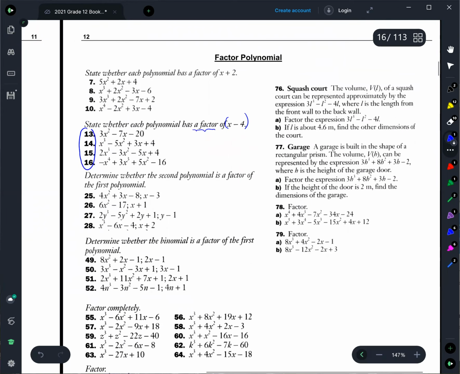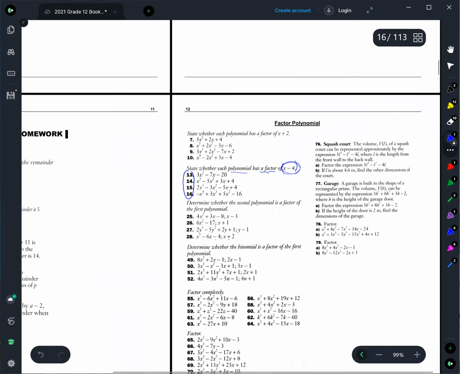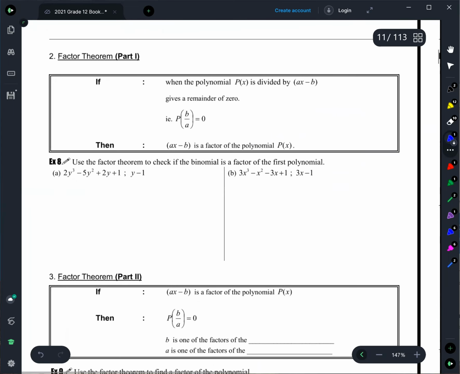Like we're on the homework page right now. State whether the polynomial has a factor of x minus 4. So I think most of you found it, right? I mean, every one of you found it by dividing it, right? Using synthetic. Now we know the remainder theorem, so we could also use that to answer that question.